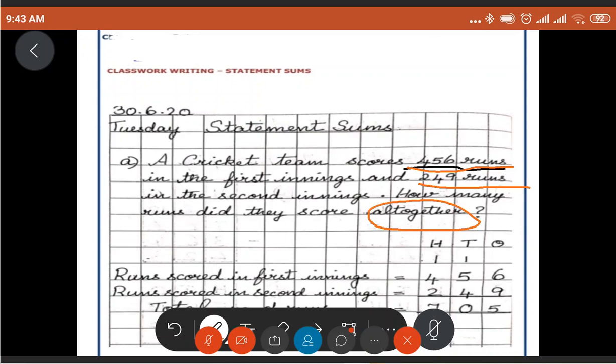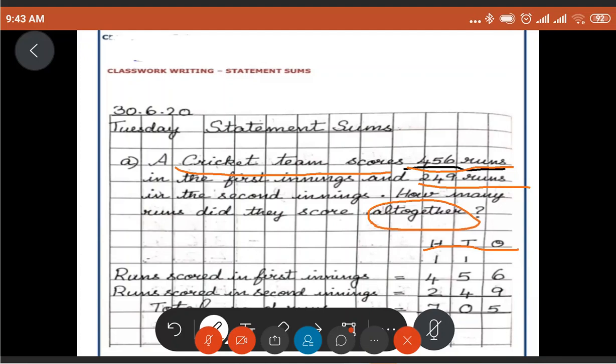We are going to write the statement. So what is the statement? The subject: cricket team scores. Next, we are going to start writing the answer. Leave one line. First, you have to mention HTO from the right-hand side, the place values.